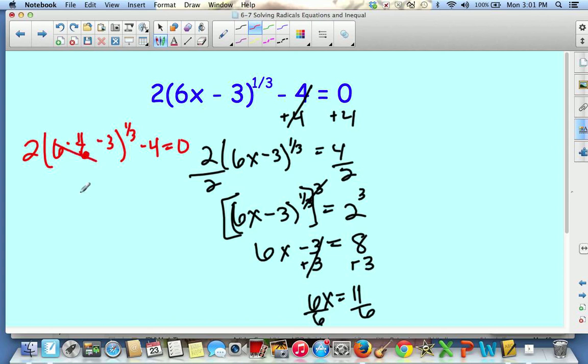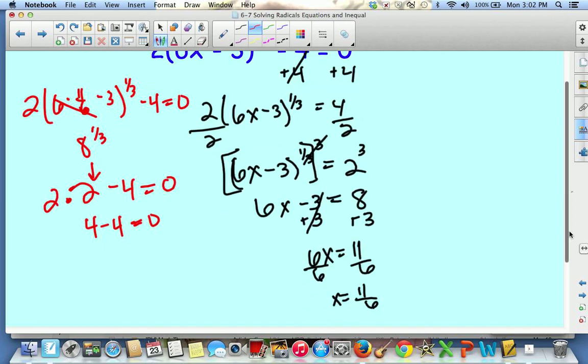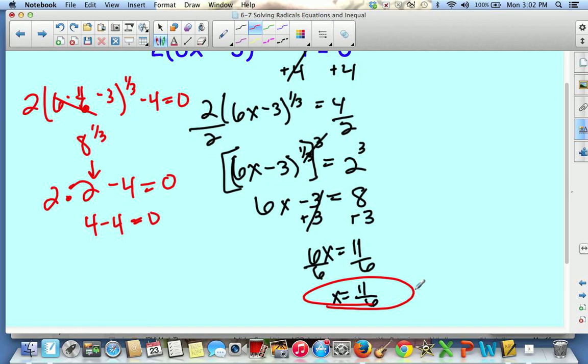So these cancel out. So 11 minus 3 is 8. 8 to the 1/3 ends up being 2. So we have 2 times 2 minus 4. Does that equal 0? Sure does. So guess what? Our answer, we can go ahead and circle. X equals 11/6.